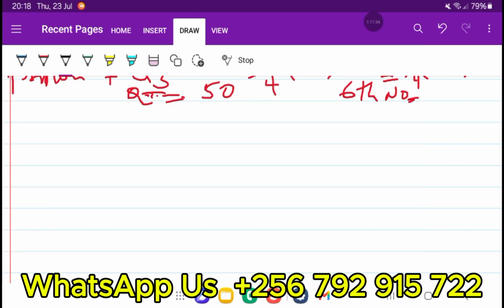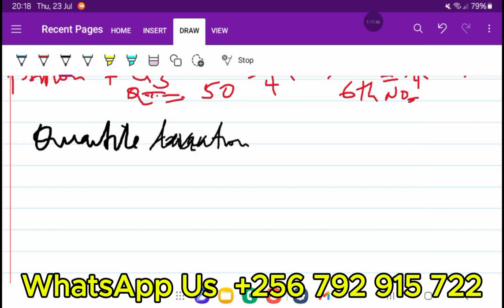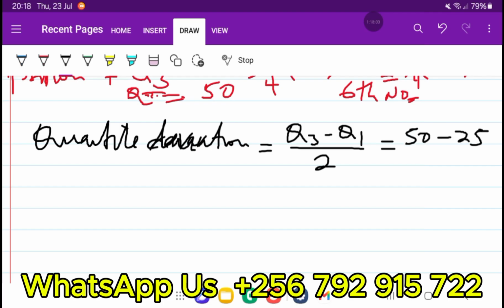So then our quartile deviation will be Q3 minus Q1 over 2, and our Q3 was 50 minus 25 divided by 2, and that gives us 12.5.